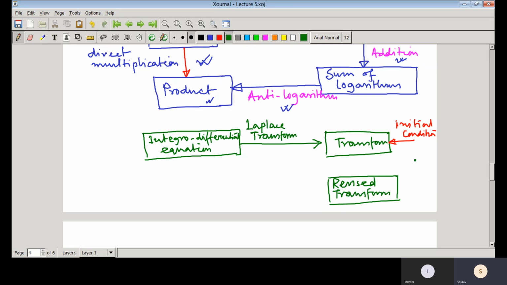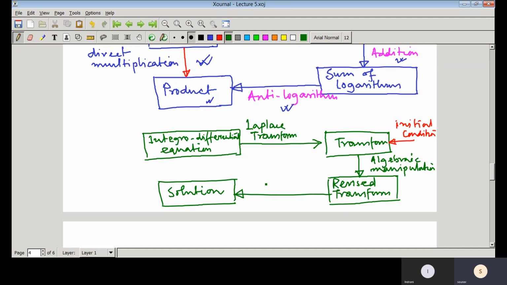This reversed transform you get just by algebraic manipulation. Now, how do we get the solution? The solution is obtained just by taking the inverse Laplace transform.